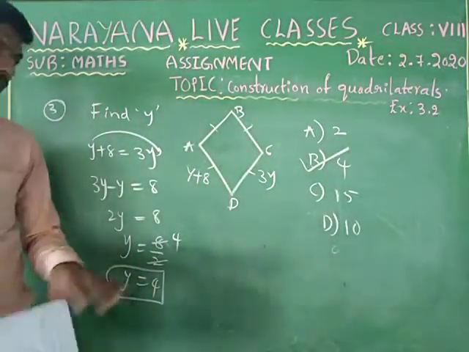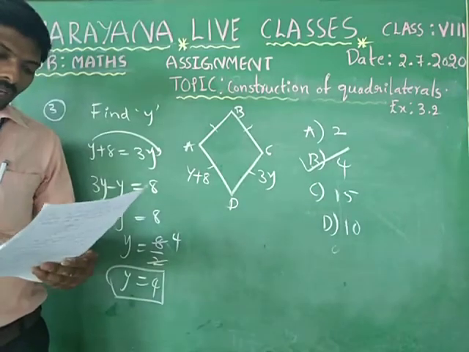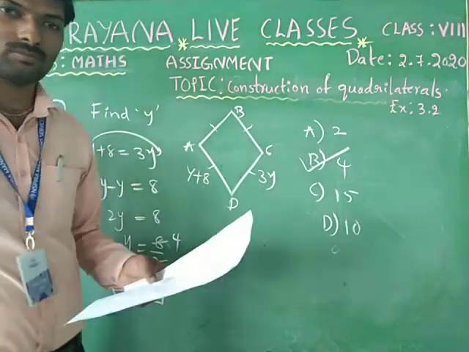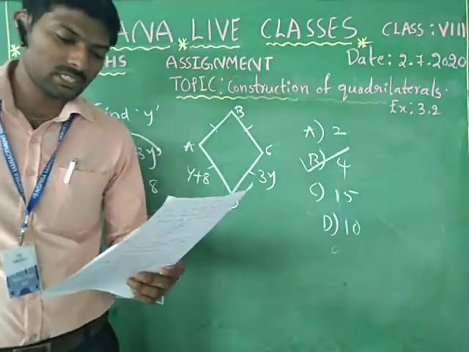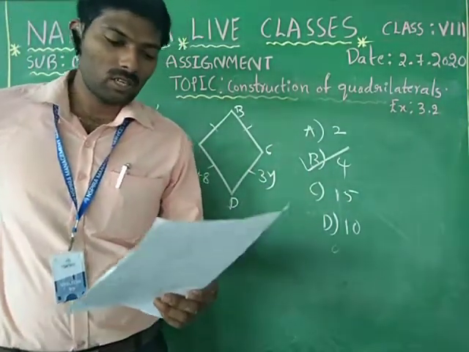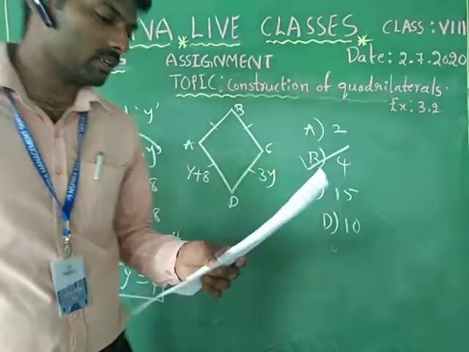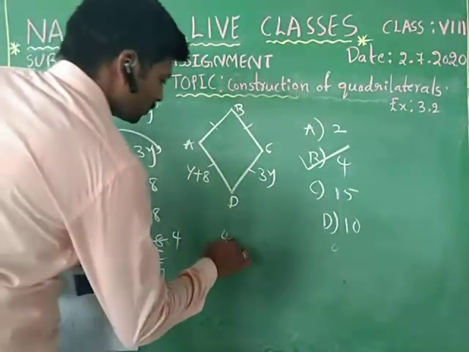Next, question number 4: in a parallelogram, diagonals are: option A perpendicular, option B bisector, C congruent, D parallel.